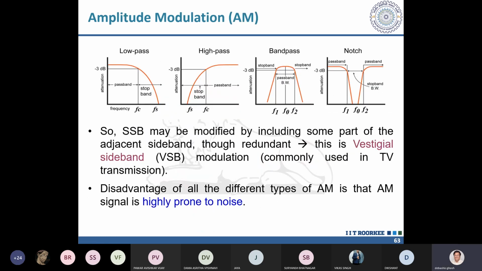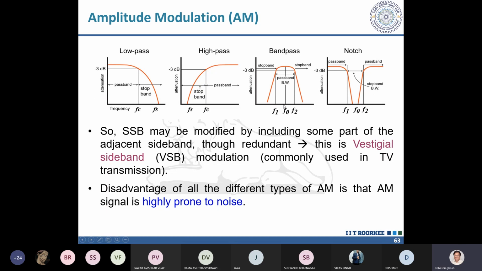When I am selecting a particular band of frequency for a particular radio station, that LC tuning circuit is acting as a band pass filter. You see that the selection is not good here. I want my selection to be exactly within this F1 to F2. This is my channel band.